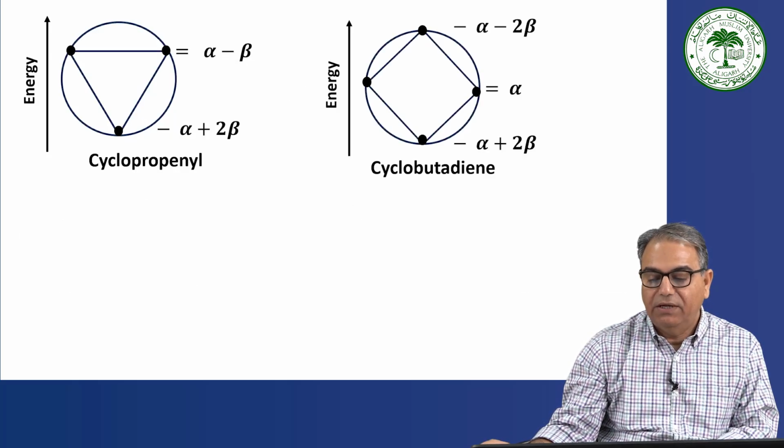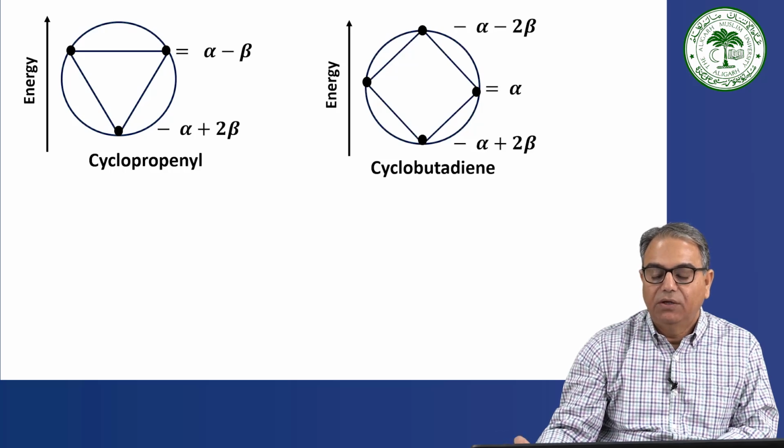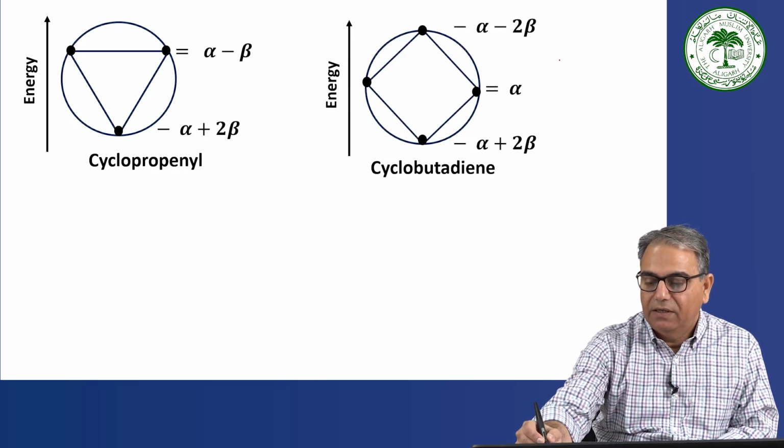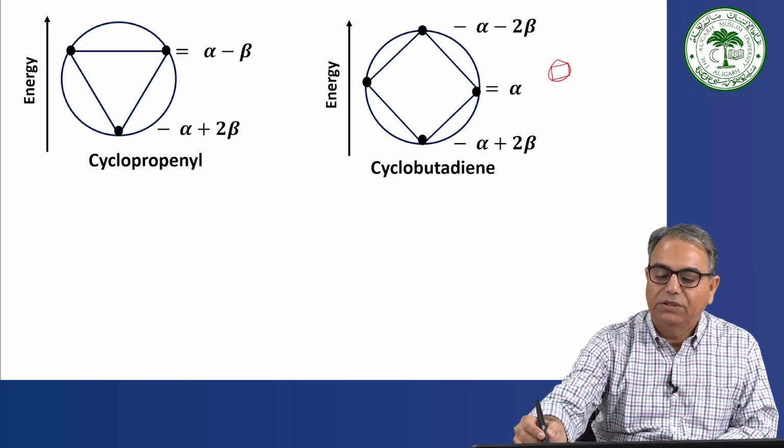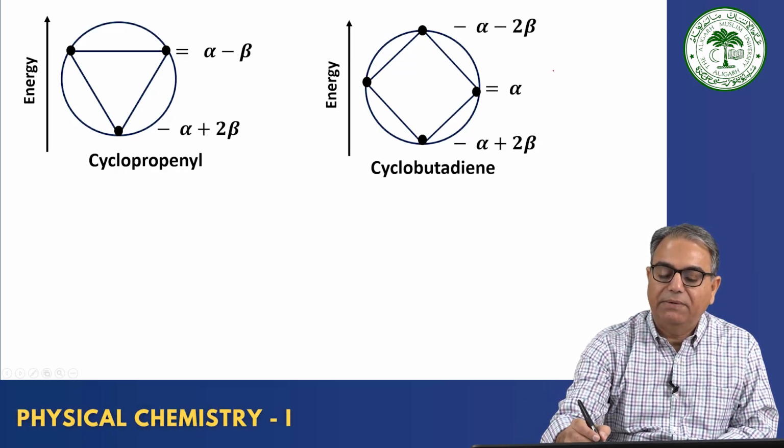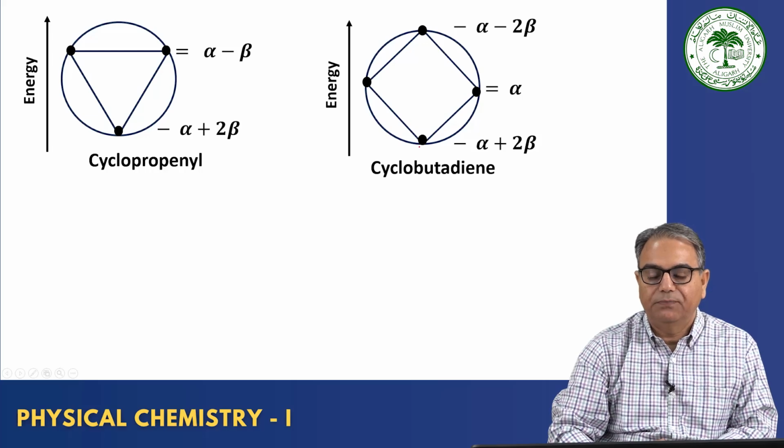Now, in the same way, for a cyclobutadiene system, in the Frost diagram one of the carbon atoms has to touch the bottom of the circle. Okay.